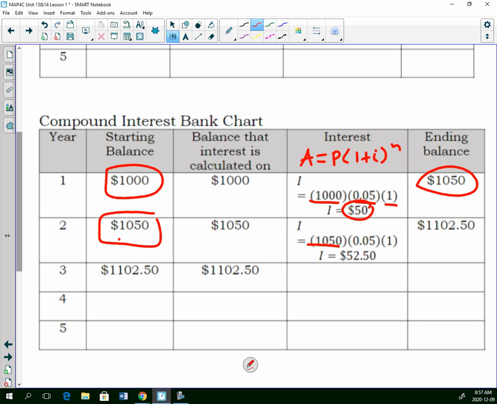So now instead of making $50, you're making $52.50. You're making a bit more interest, and they add that on, so now we have $1,102.50. When I do it again, it's $1,102.50 times 5% for a year.